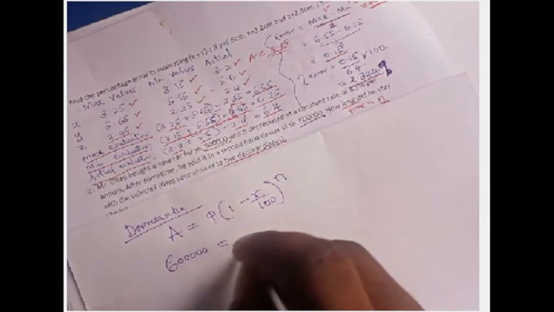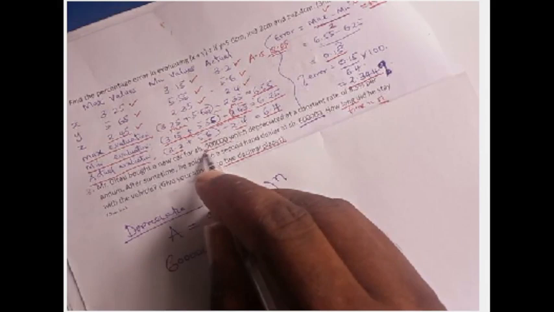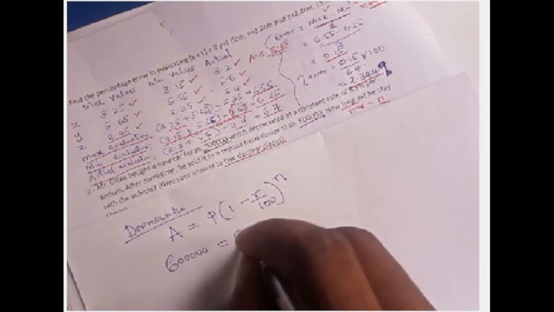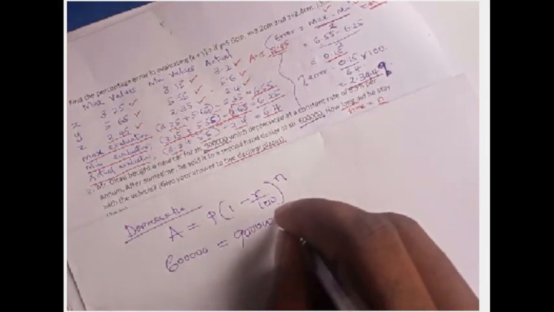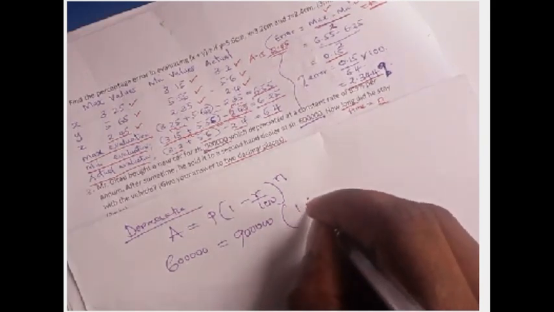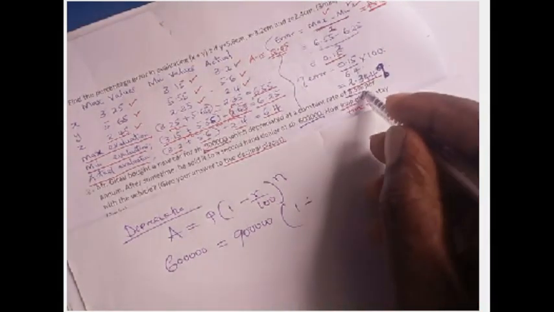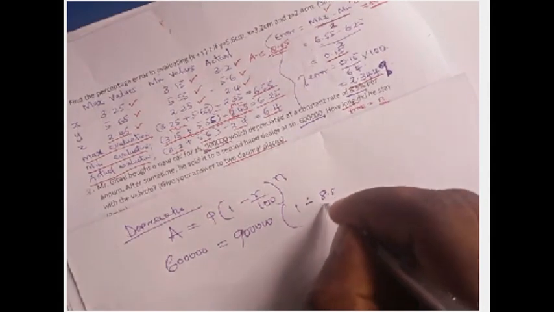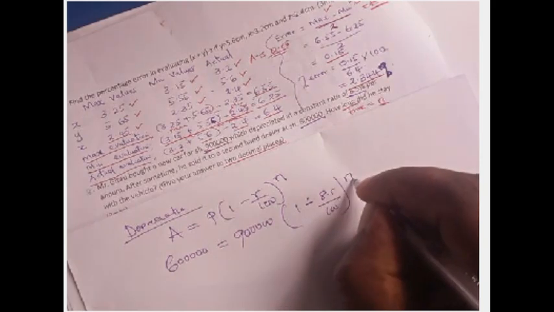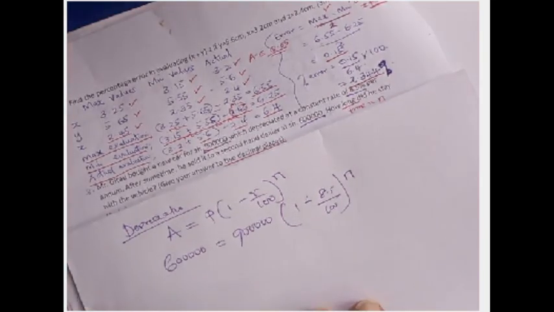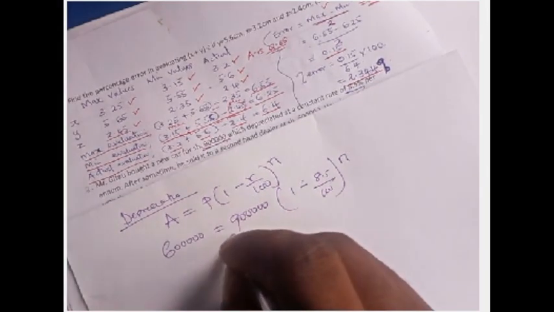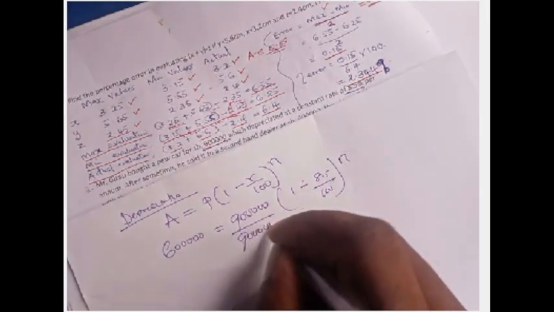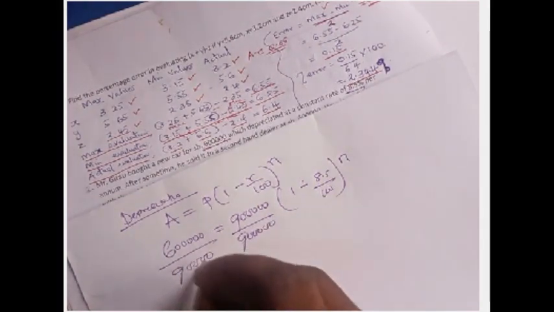So 600,000 equals the principal, the initial amount of the car, 900,000, into 1 minus the rate, 8.5 per annum, then raised to n. We want to find the value of n, which is the number of years. So divide by 900,000 both sides.